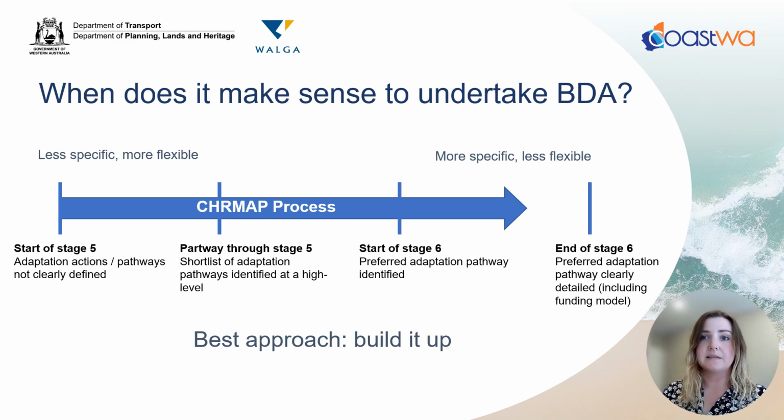Cost-benefit analysis is similar to benefit distribution analysis, and so it can be efficient to do them at the same time when you're doing the same analysis and valuation methods. So really the best approach can be to build it up, to think about doing a simple benefit distribution analysis in an early stage and then building up and doing a more complex, specific one at a later stage.